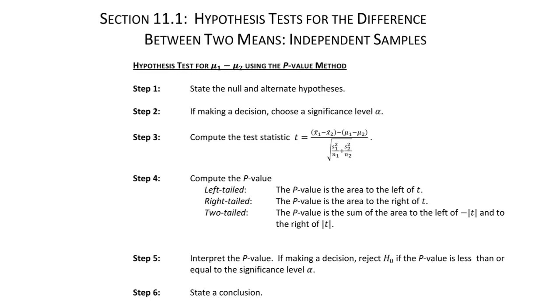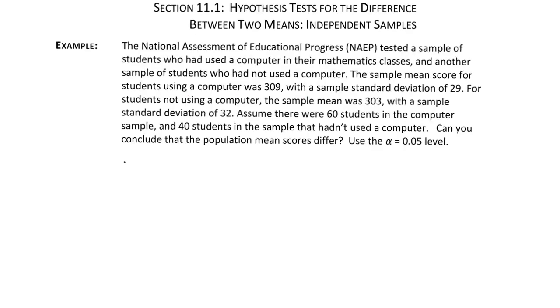First, state the null and alternate hypotheses. Then choose the significance level alpha. Then compute the test statistic and the p-value. Then interpret the p-value: we reject the null hypothesis if the p-value is less than or equal to the significance level alpha. Then state a conclusion.